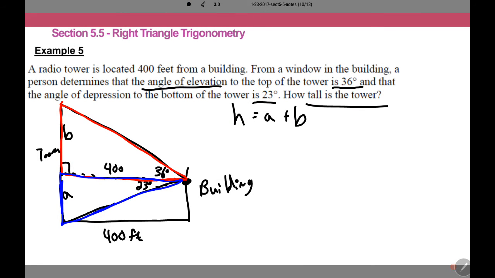So to find B, the tangent of 36 is equal to B over 400. And the tangent of 23 is equal to A over 400.